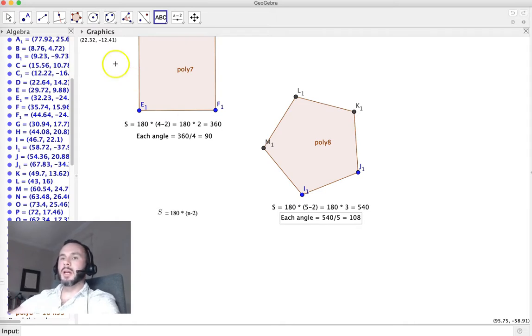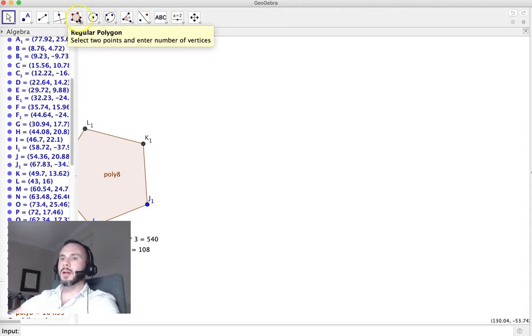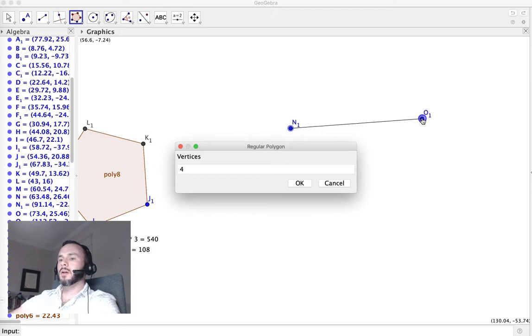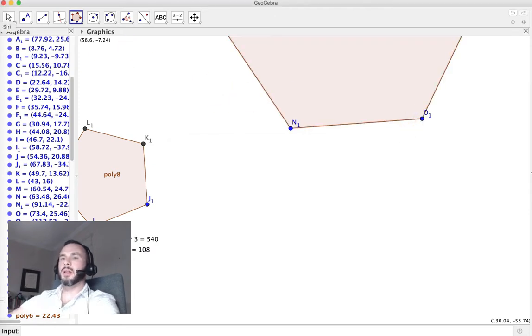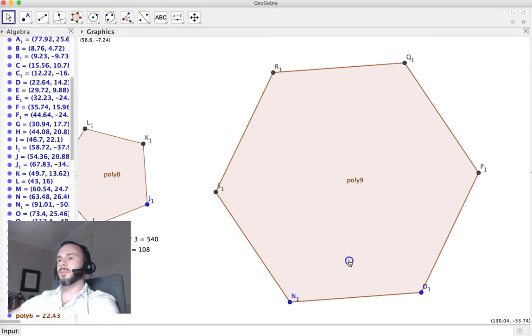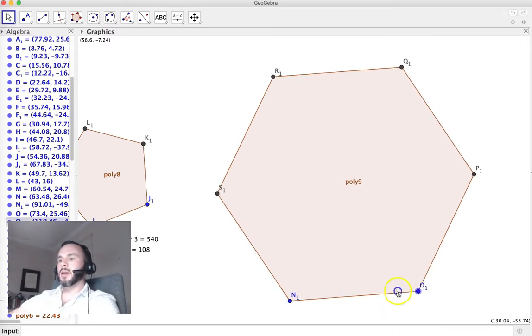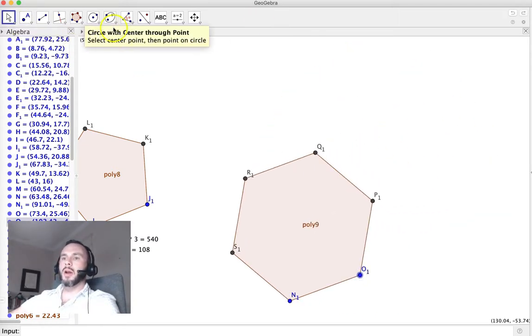Next we're going to look at a regular hexagon. 6 of those. Let's see if we can drag that down a little bit here and size it down a little bit. Okay, regular hexagon.